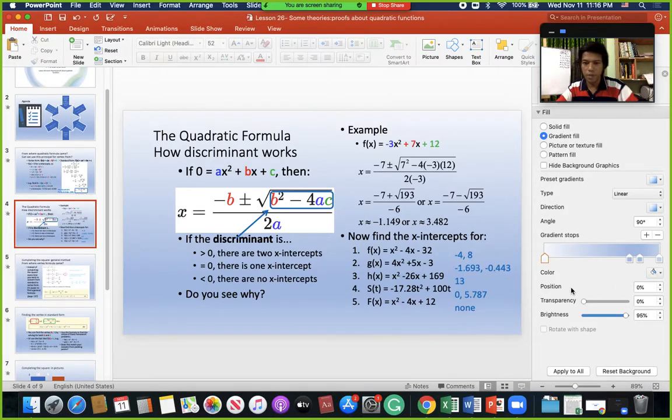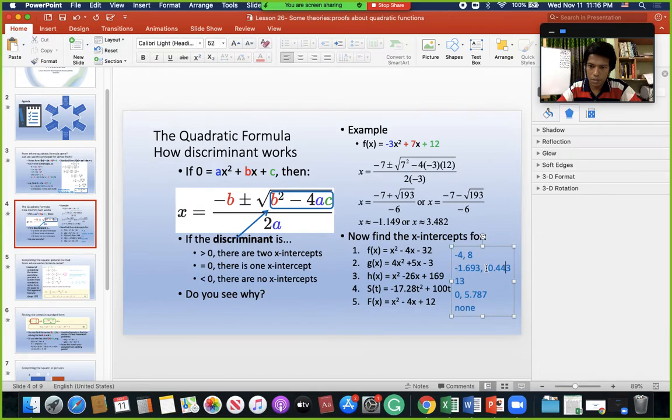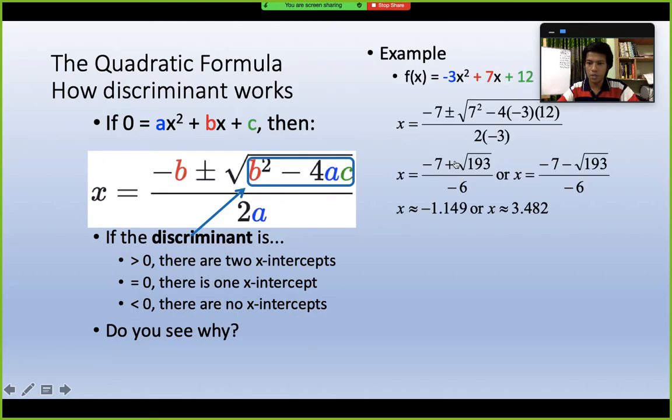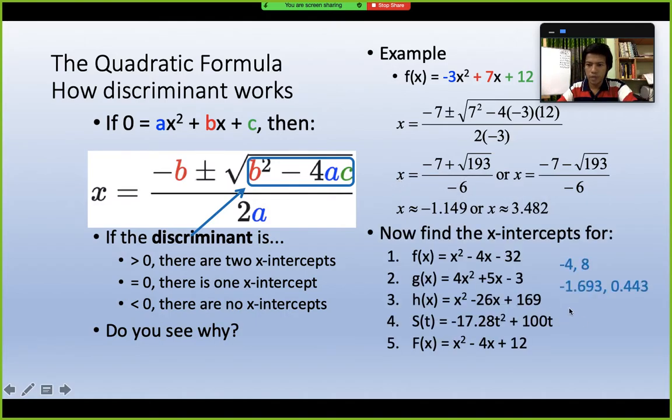Let me edit this. This value is positive. So we have to use this formula to find the answer of this question.